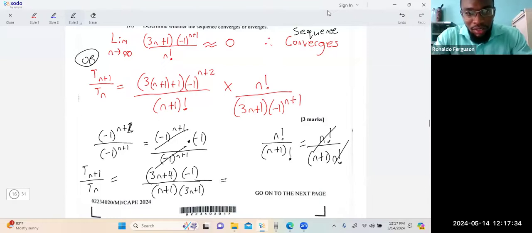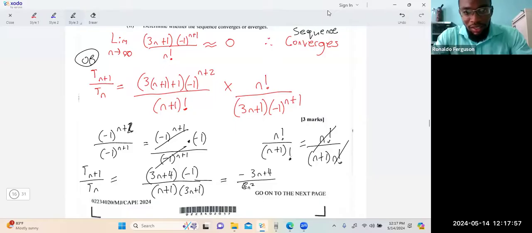And then now evaluating this limit, we evaluate the limit of negative 3n plus 4 over, this times this would be 6n squared.